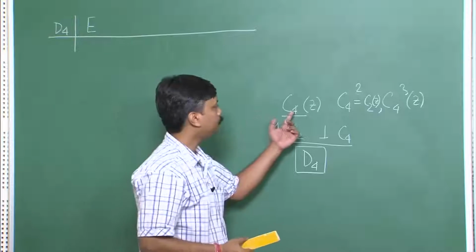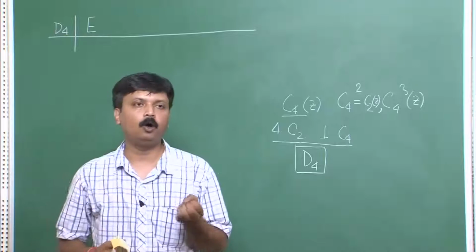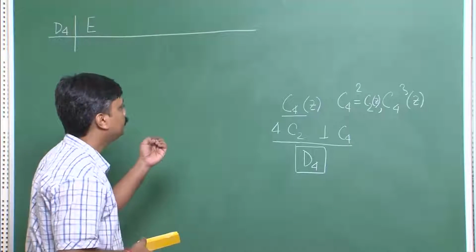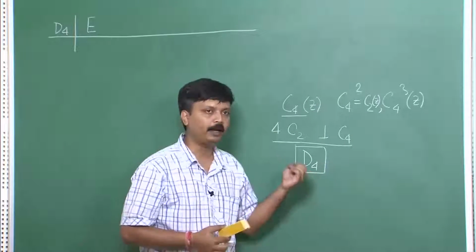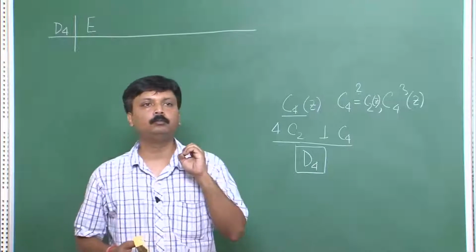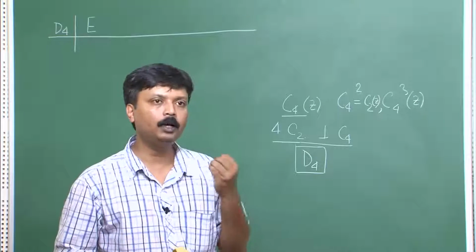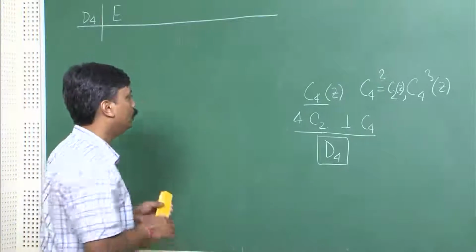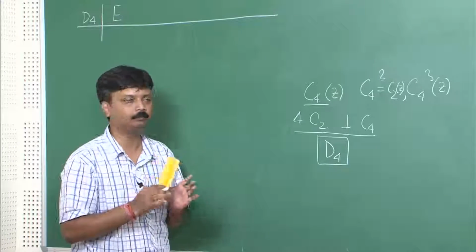Now, if you do a similarity transformation on each of the symmetry operations of this point group, you will find out what are the different symmetry operations belonging to a particular class, or which particular symmetry operations form a class together or a class by itself.